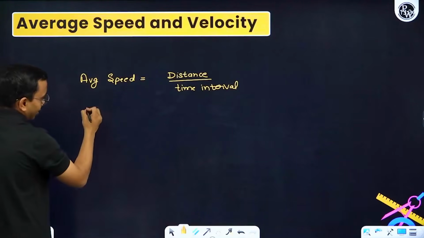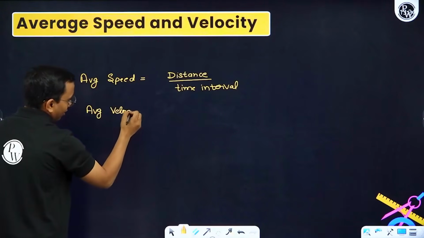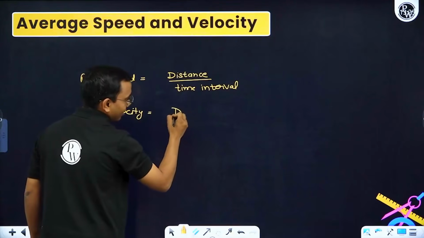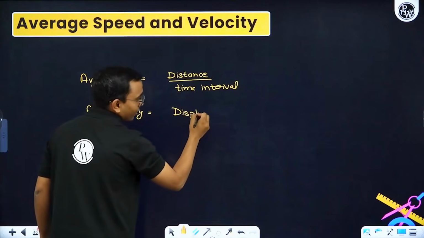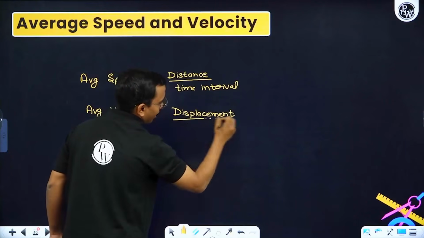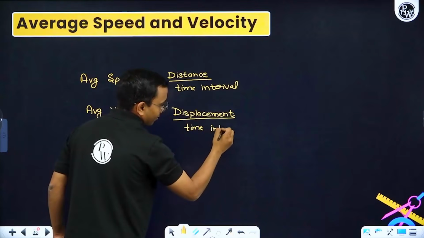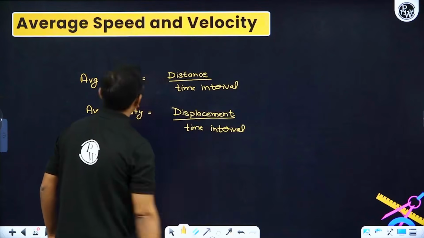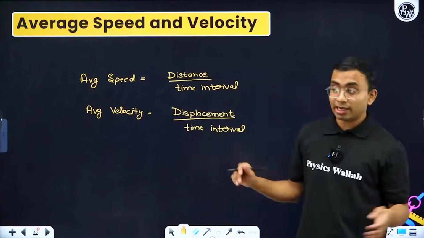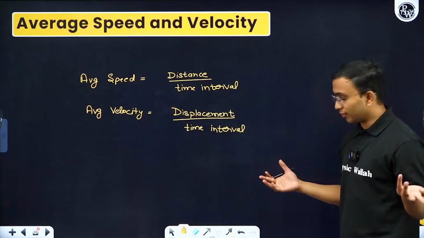Next, average velocity. This is my displacement divided by time interval. Average speed questions are asked in mains. Many times they are asked, and these questions are just simple but sometimes confusing for a few of the students.